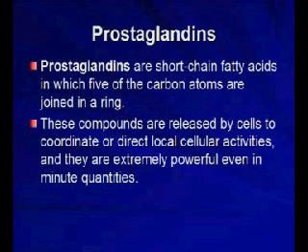Prostaglandins are short-chain fatty acids in which 5 of the carbon atoms are joined in a ring. These compounds are released by cells to coordinate or direct local cellular activities and are extremely powerful even in minute quantities.